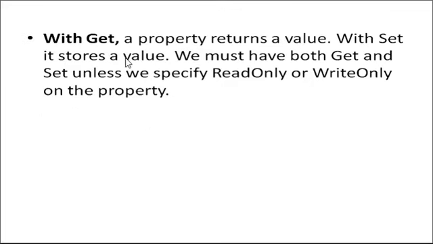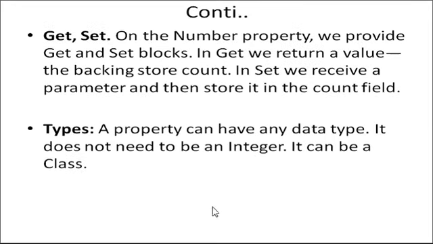With get a property returns the value, with set it stores the value. We must have both get and set unless we specify read only or write only on the property.